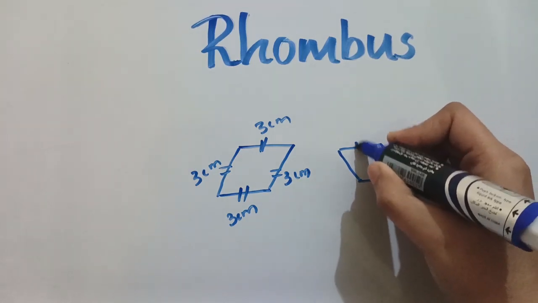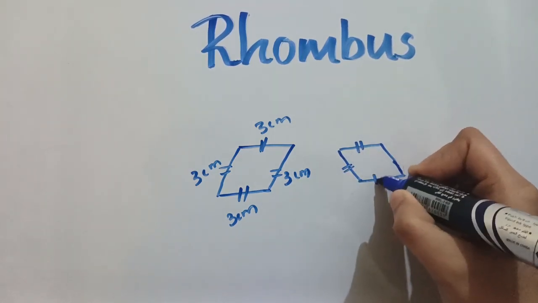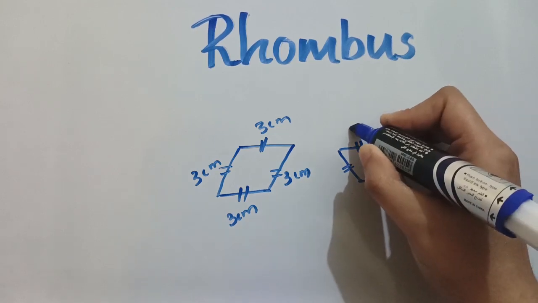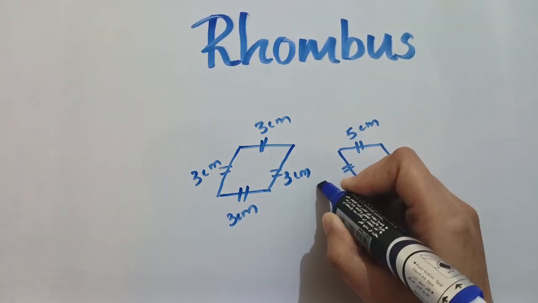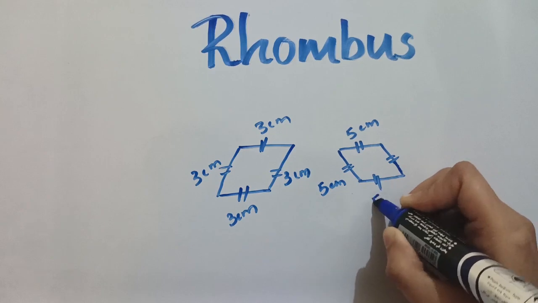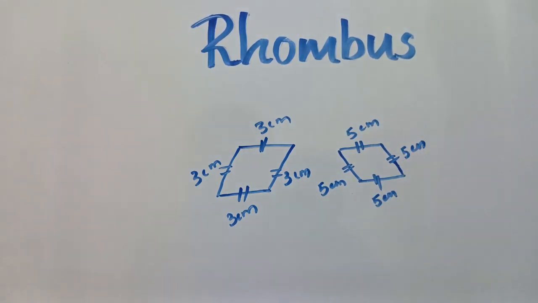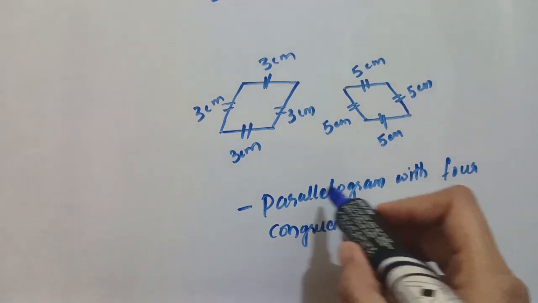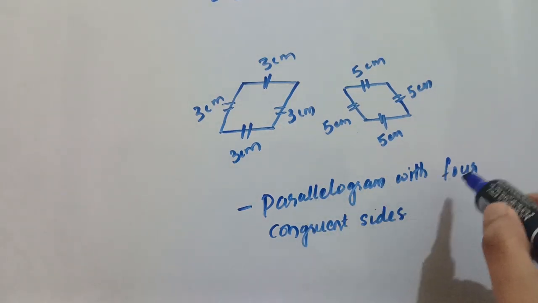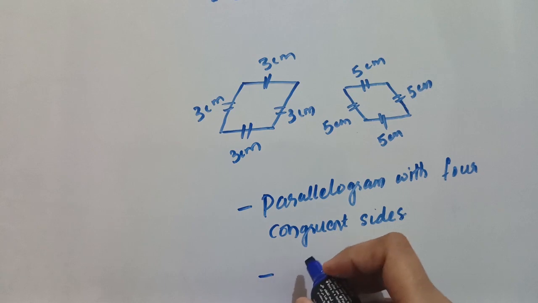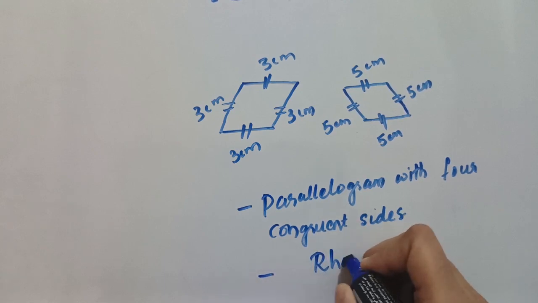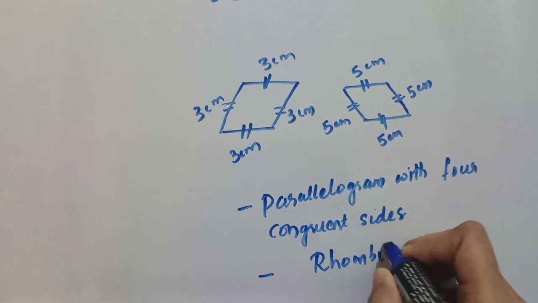Similarly, if this is 5 centimeters, this is also 5 centimeters, this is also 5, this is also 5. So we can say a rhombus is a parallelogram with 4 congruent sides. The plural of rhombus is rhombi.